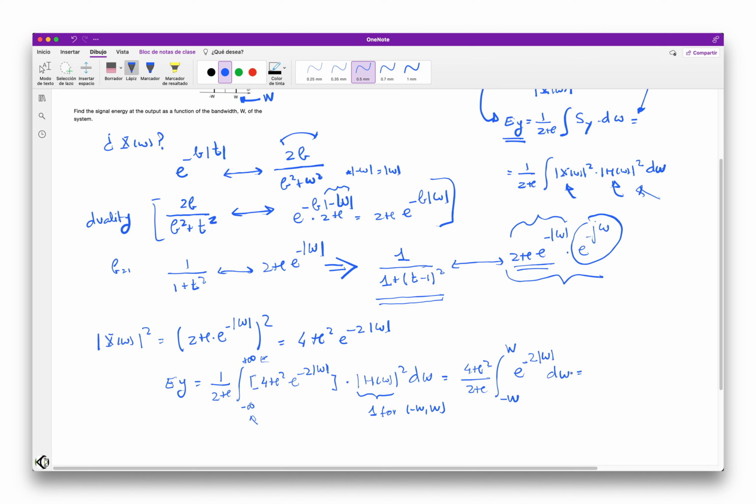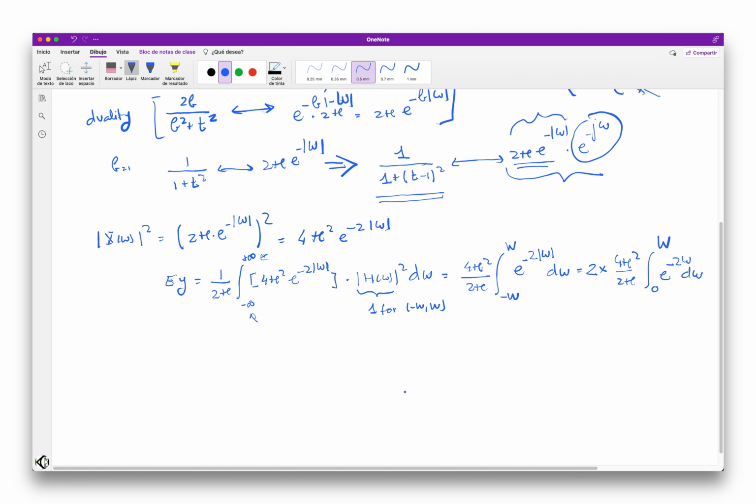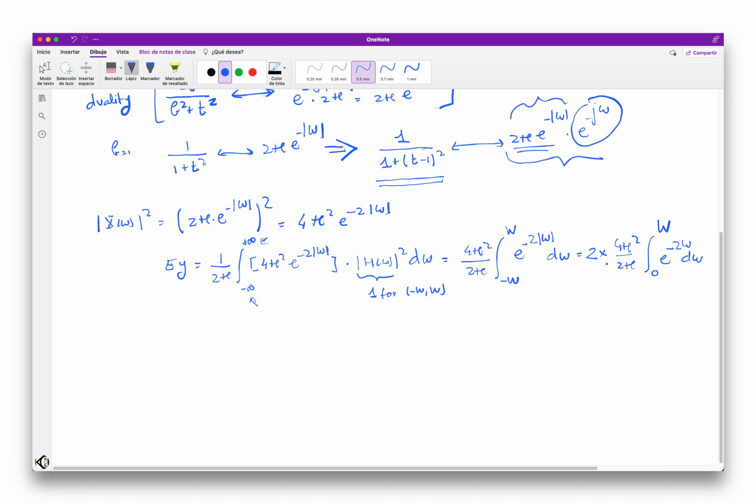We can duplicate and say this is two times 4 pi squared divided by 2 pi times the integral between 0 and W of e to minus 2 omega d omega.